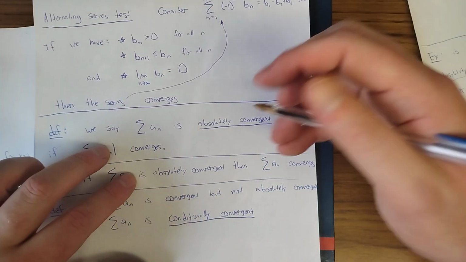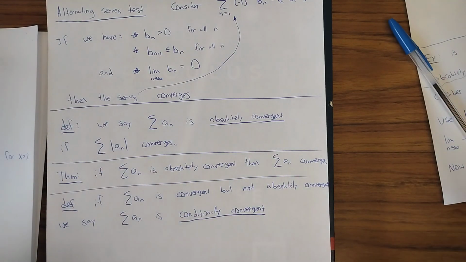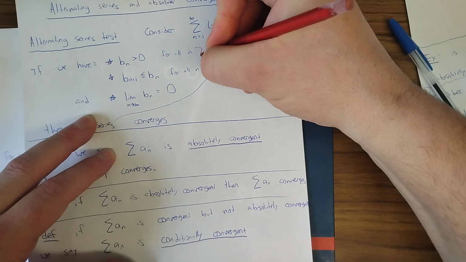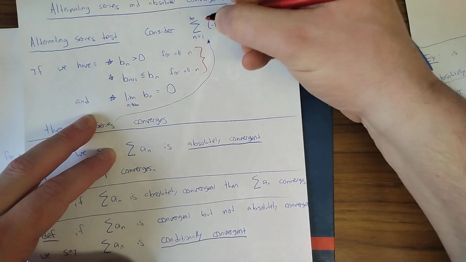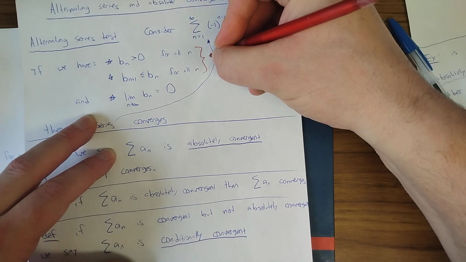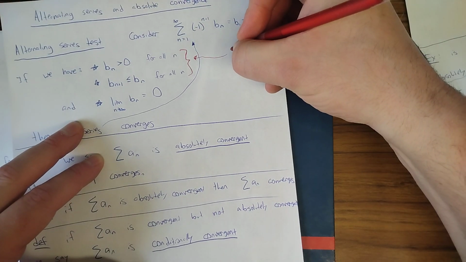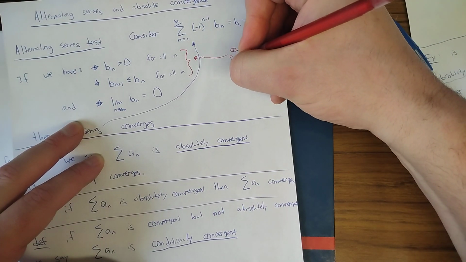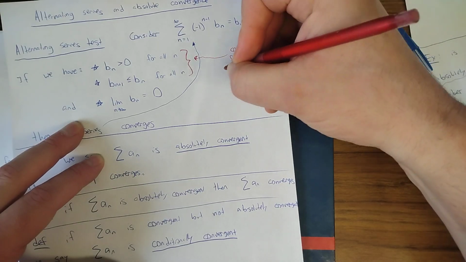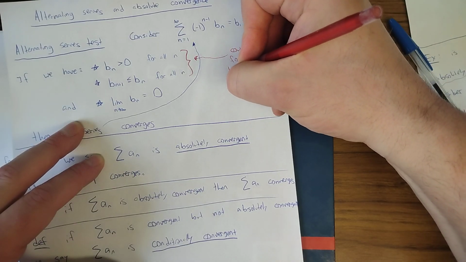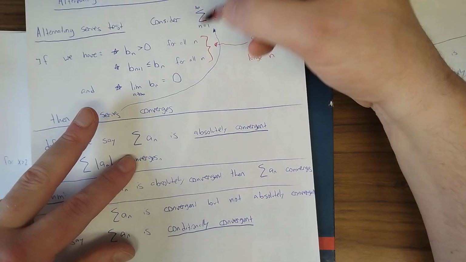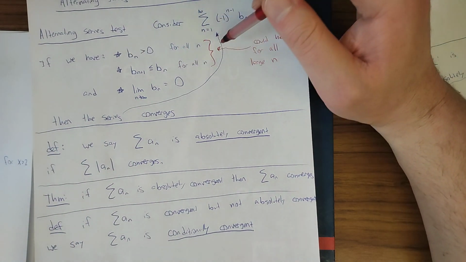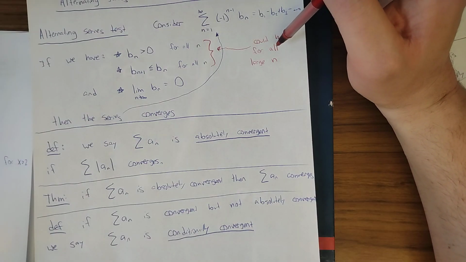In fact, let me put a little remark here. We can still use the alternating series test if these first 2 things are true for all large n.